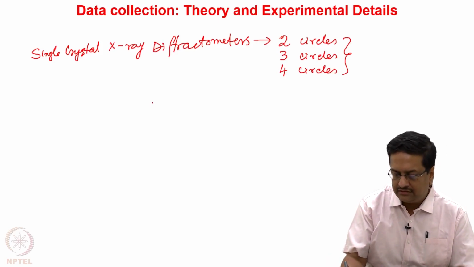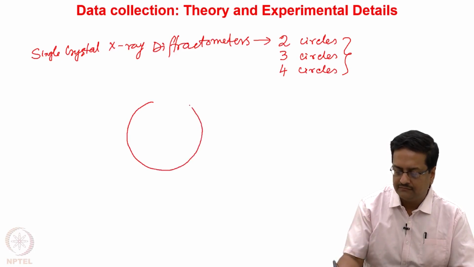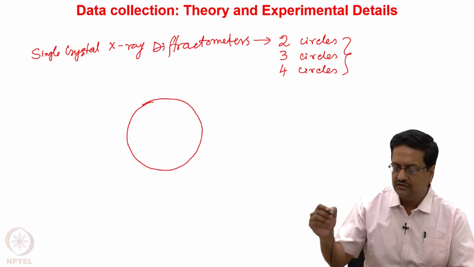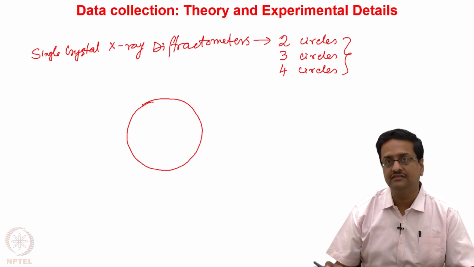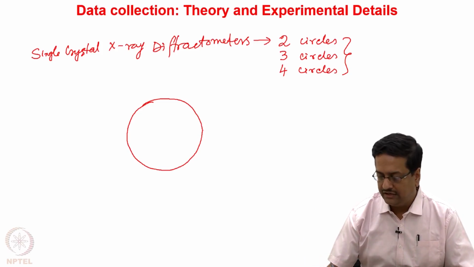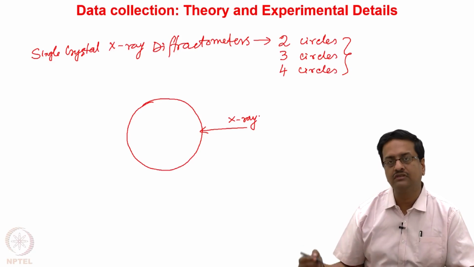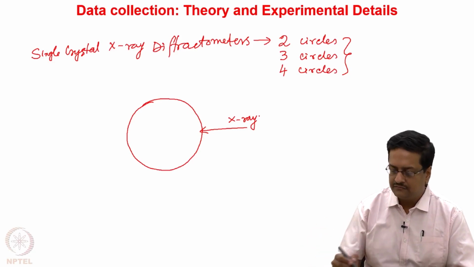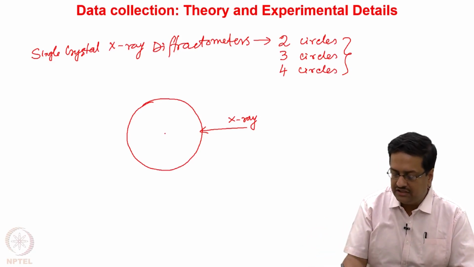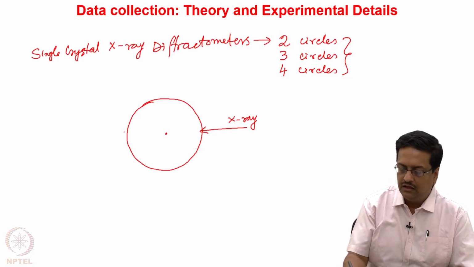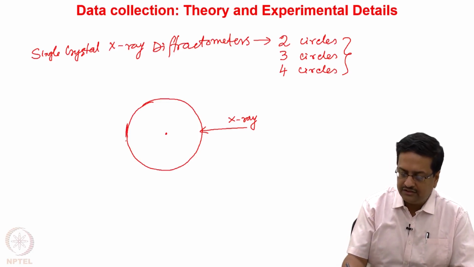In an X-ray diffractometer, if this is the base of the diffractometer on which all these axes are mounted, and the X-ray beam comes from the right side and the source is fixed, you have a crystal in the middle and a detector sitting behind it.